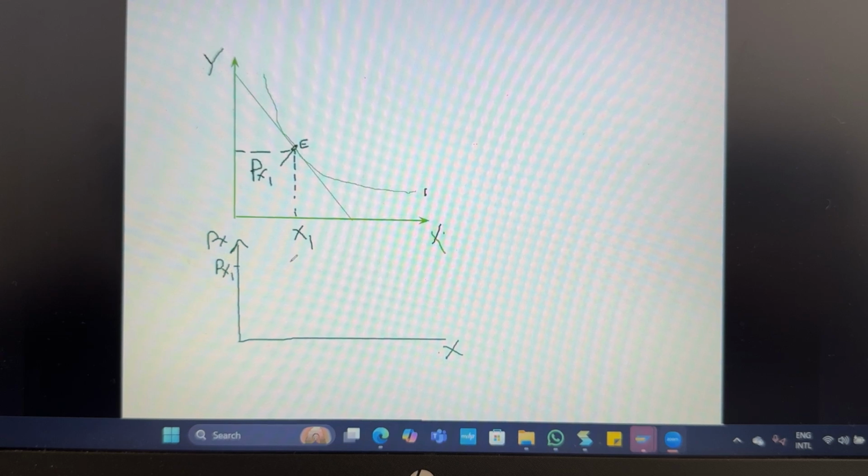I ask somebody from you to bring this X1 to this axis and Px, and join this one price-quantity combination in the bottom panel, because we are going to construct the demand curve.